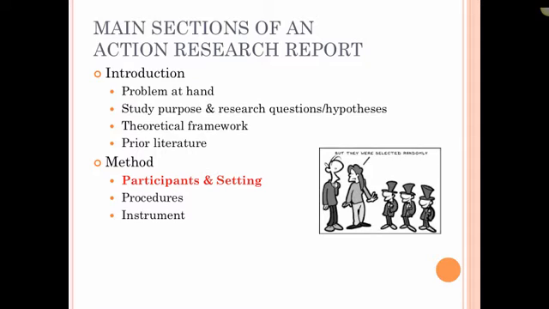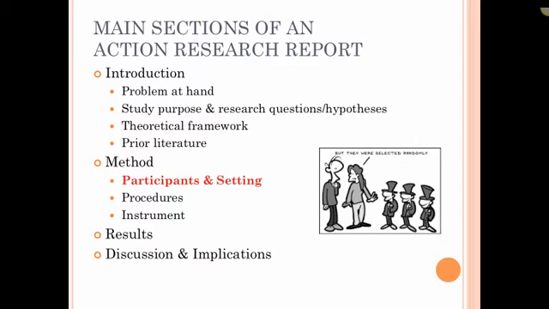That's where you should write about your sample selection strategy, so what selection strategy you decided to use and why you decided to use it, as well as your response rate, and then also a description of the context where your action research took place. So maybe it's your classroom, your university, your office. It's certainly important not just to describe your sample in terms of who they are and how you picked them, but also the setting where they're located.